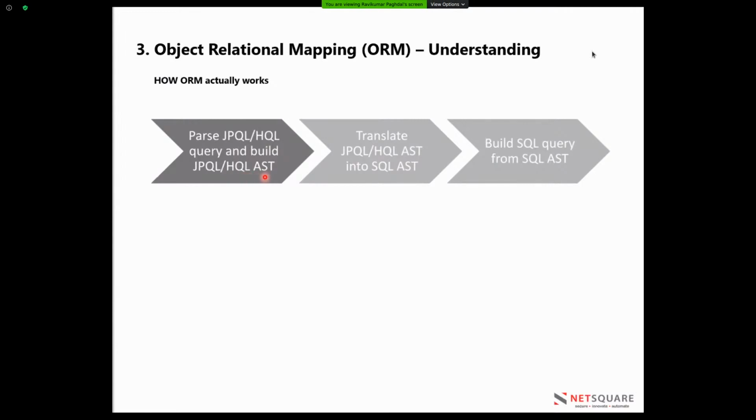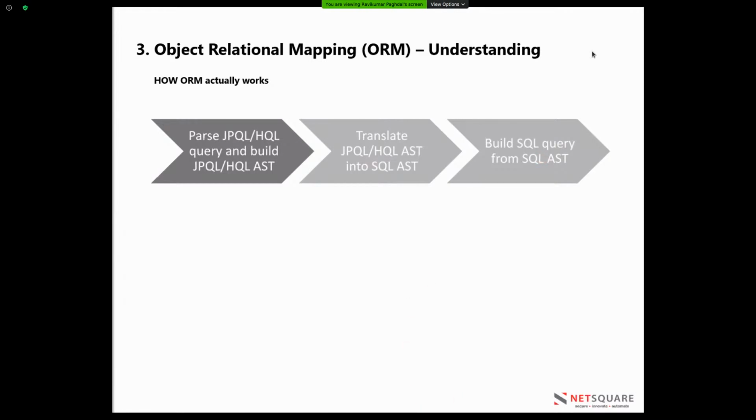AST is nothing but an abstract syntax tree. It will create an HQL based abstract syntax tree and translate the JPQL and HQL AST into a SQL AST. So if you pass the HQL query, it will convert to SQL AST, and the SQL abstract tree will build an actual SQL query, which is fired on the database.